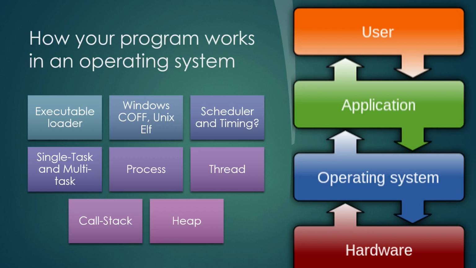Each program that is loaded into RAM by the operating system is called a process, and each process has a unique ID which will be used to distinguish between these processes for many reasons, including CPU time sharing. Each process has two types of memory, heap and the stack.